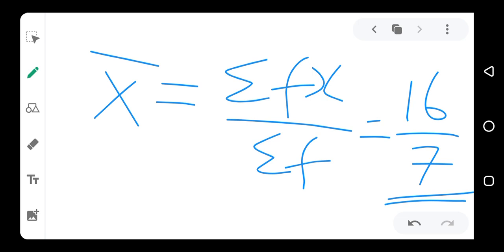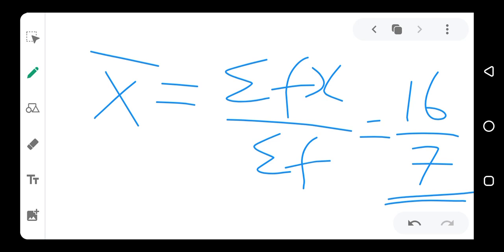So this is how to find the mean when we have the values occurring many times. That is, we can derive a frequency table from it. It is necessary for us to draw a frequency table when the values are occurring more than once.